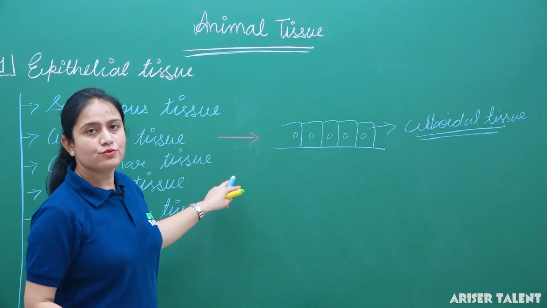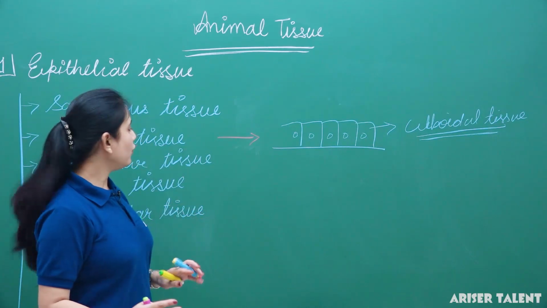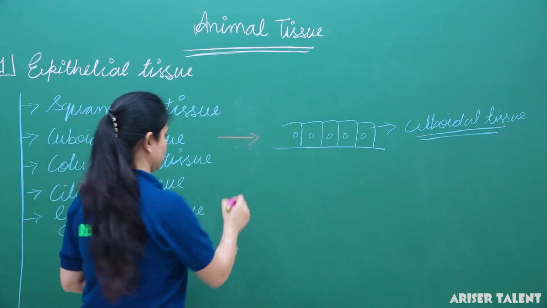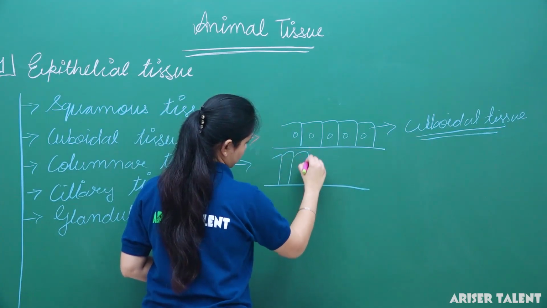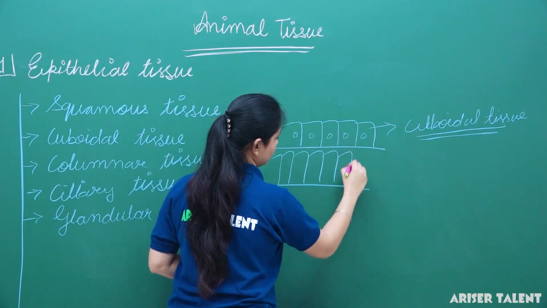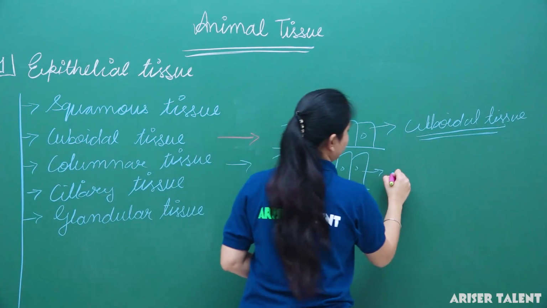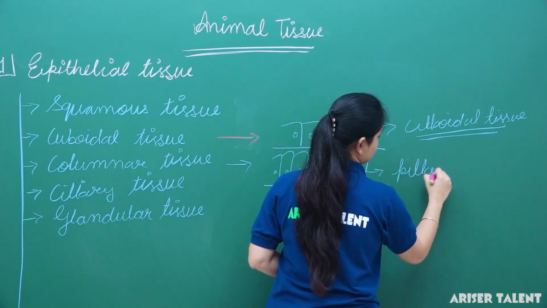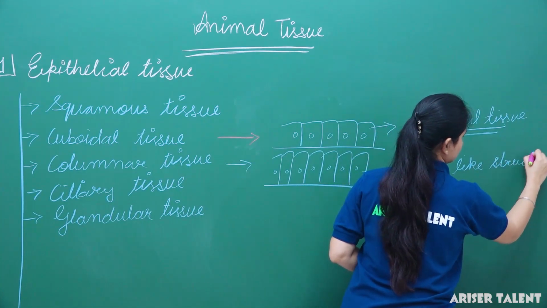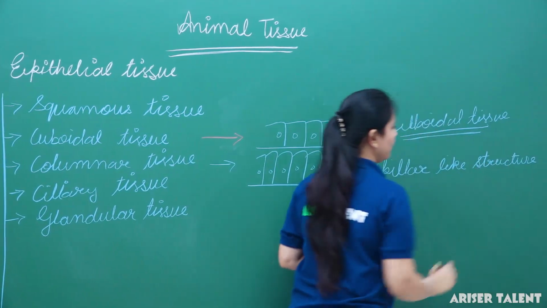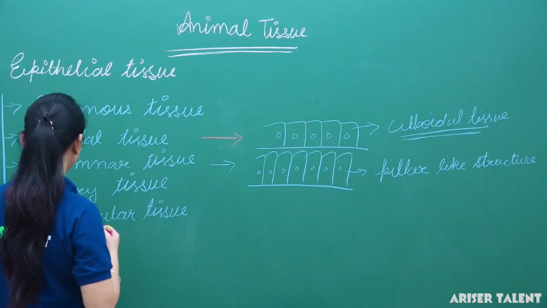In the columnar tissues, the cells are in columnar form, or they have pillar-like structures. These are columnar tissues, pillar-like structures. They help in absorption and secretion of different elements or gases.